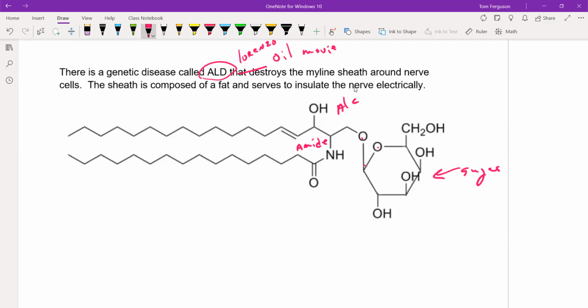That means it's a yes, no, yes. So it's OCO, yes, no OH, and then there's a hydrogen here, so this is an acetal. This is the amide here.